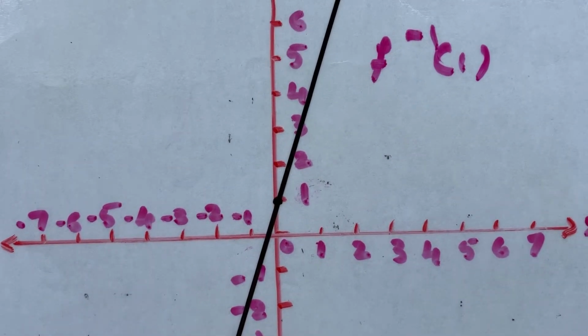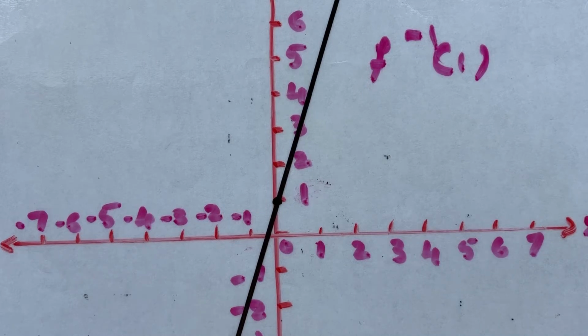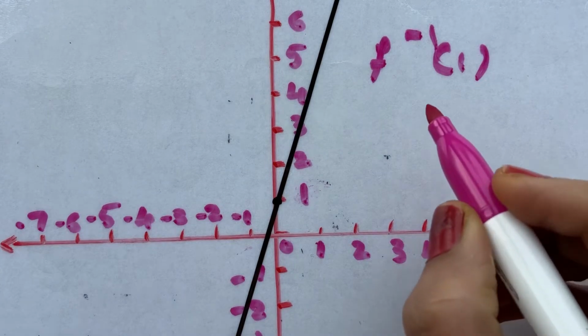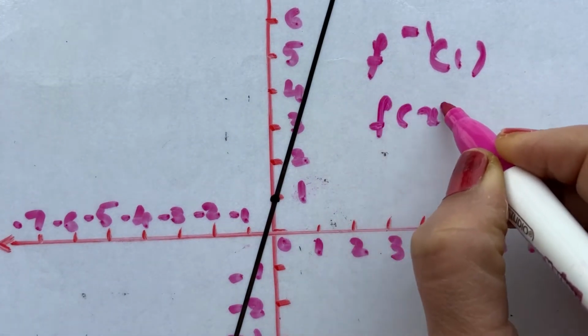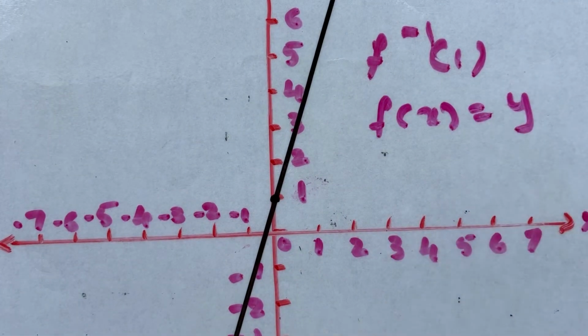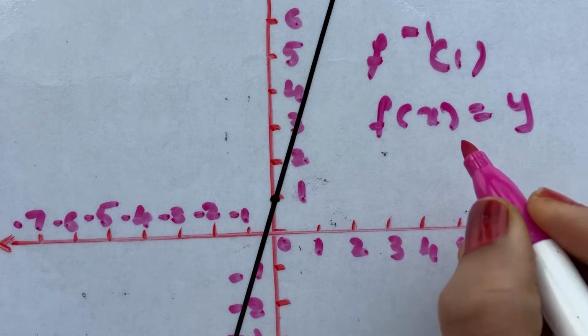What is a function? A function is a rule that sends each input to exactly one output. That is, f of x is equal to y means this is a function. Here x is input.